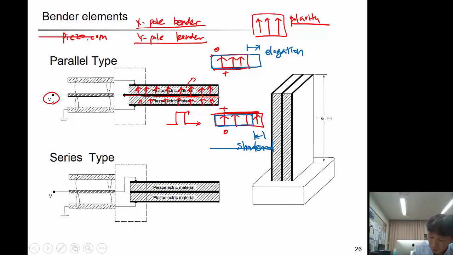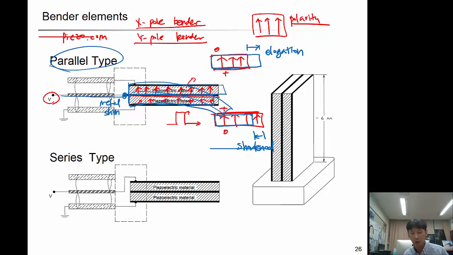Right? So then what will happen? This will elongate, but this will be shortened, so it's going to deform like this. So that's how you operate the parallel type. You apply the voltage at the middle metal shim, the positive voltage, or it could be negative voltage, either way.